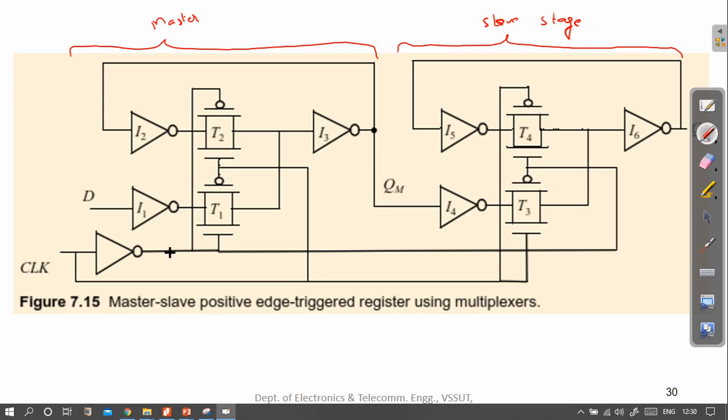So we can count the number of transistors: 8, then 2 for each inverter, that is 14. So 14 plus 8 becomes 22 transistors used in this case.